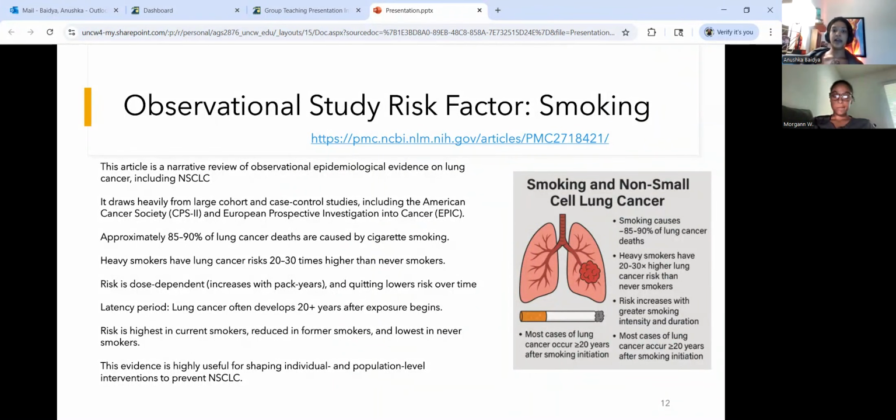And the study also did look at many different risk factors and saw that smoking had the greatest association. And this evidence is highly useful for shaping individual and population level interventions to prevent NSCLC. Mostly just awareness of this risk factor can help a lot of people.